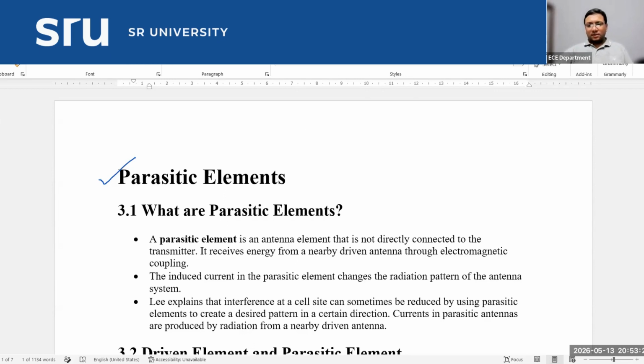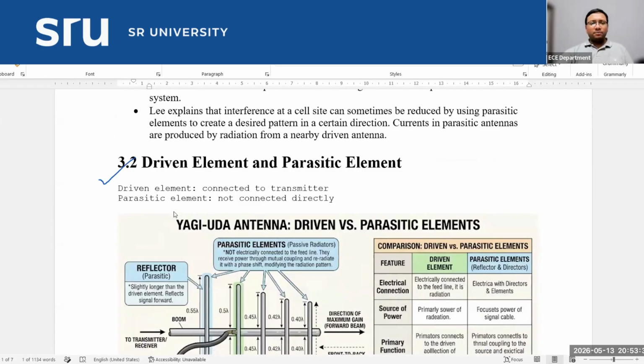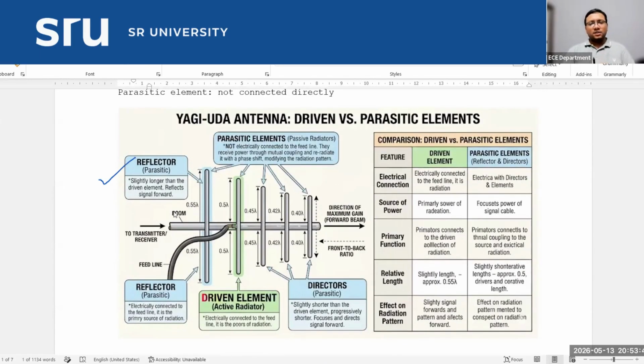In the context of antenna, the parasitic element means some metallic structure that is not directly connected to the main radiating element, but in shaping the radiation pattern, it has some contribution.